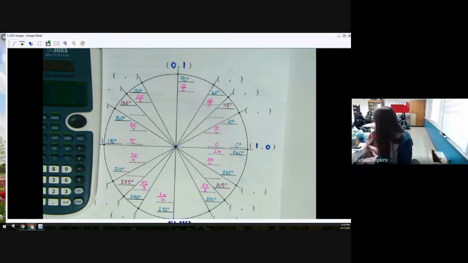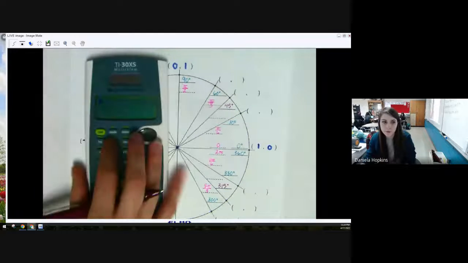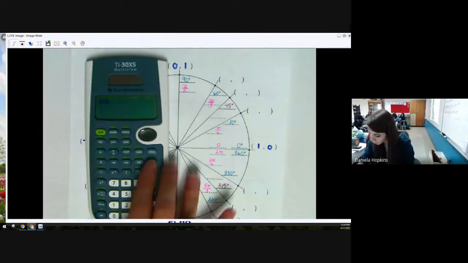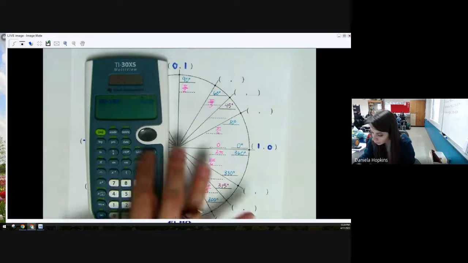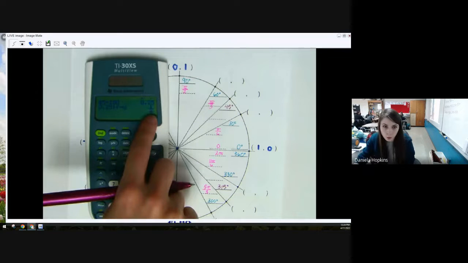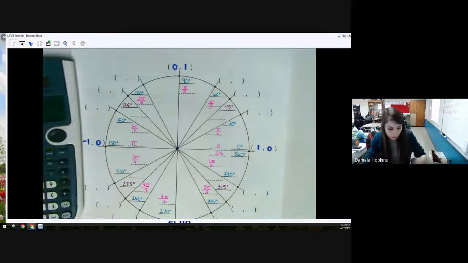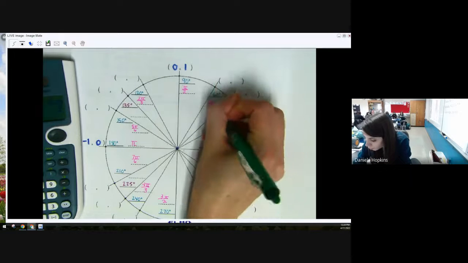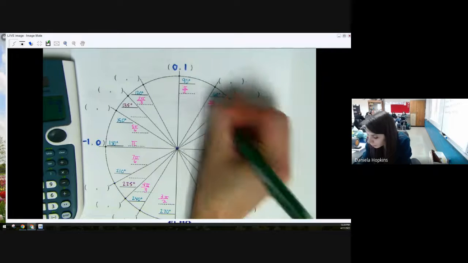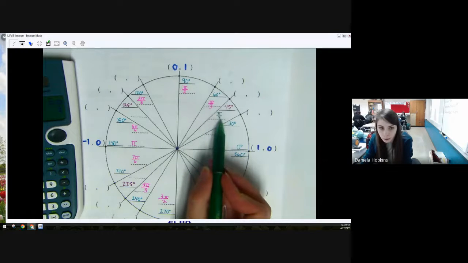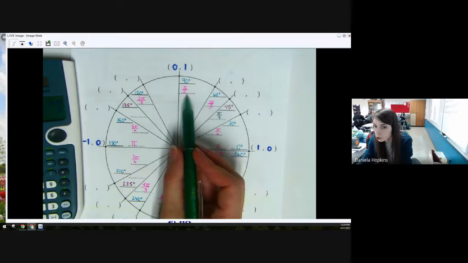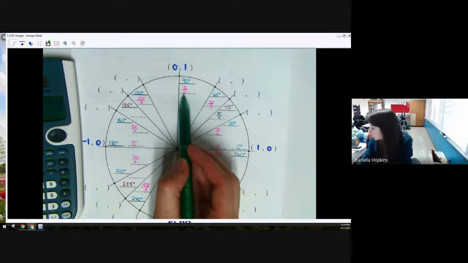Again, I think we're all fairly familiar with that part anyways, with our degrees. But now let's think about in radians, what proportion is that? Well, if you're not super good with proportions, you can do 45 divided by 180, turn it into a fraction if you really need to, and it's 1 over 4. So that means that my radians are going to be increasing by pi over 4 each time. So 0 to pi over 4. Add another pi over 4, it'd be 2 pi over 4, which reduces to pi over 2.